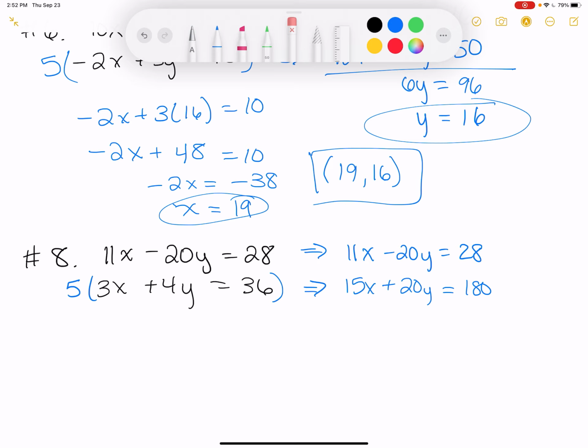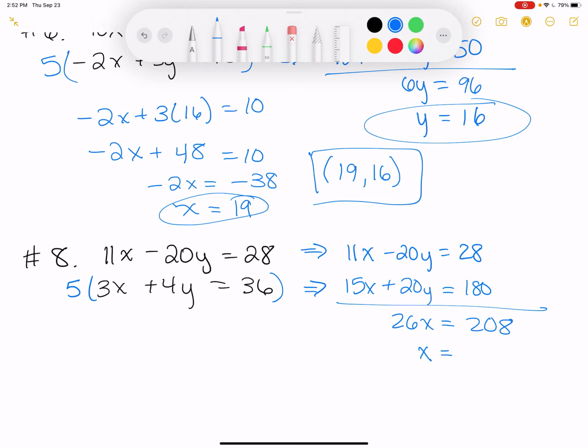All right, so now I can combine stuff. There we go. All right, so y's are canceling, so I'm just left with x's. So 26x is equal to 208.